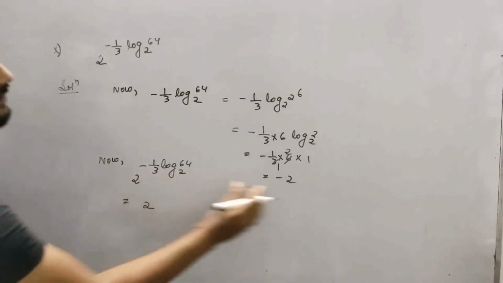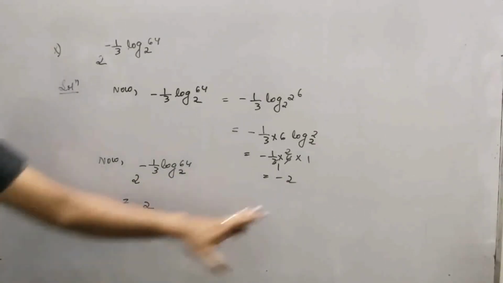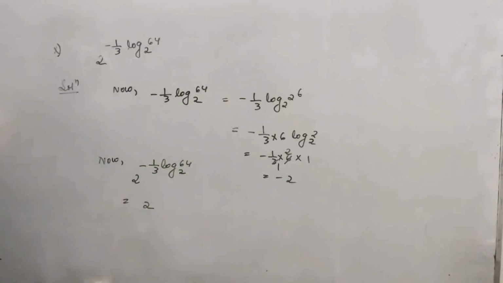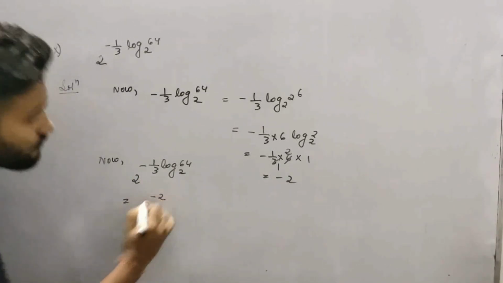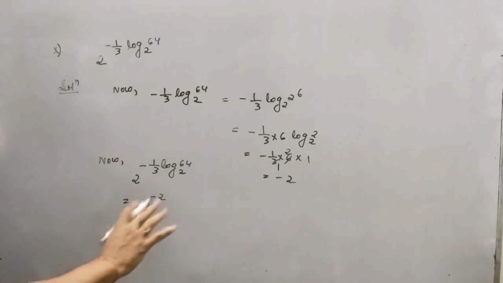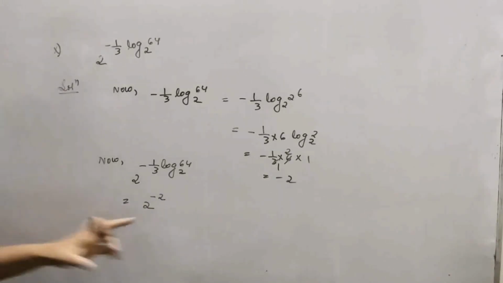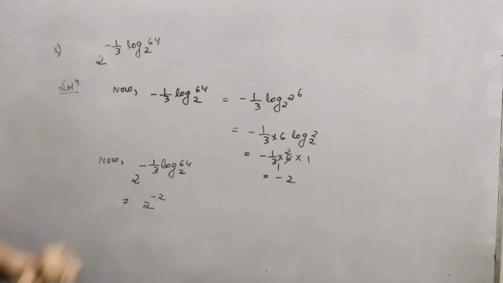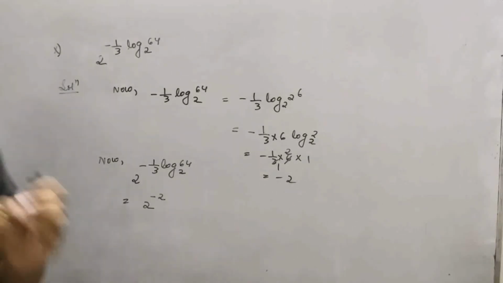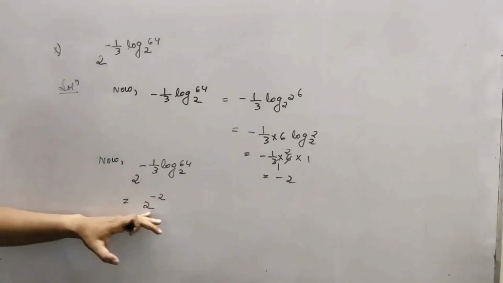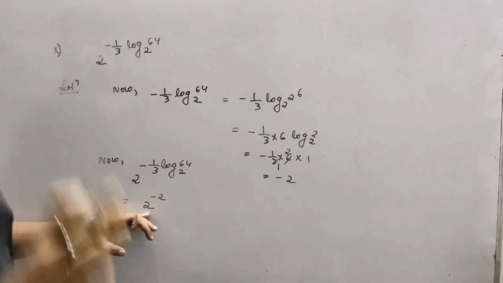So now 2 to the power minus 1 by 3 log 64 base 2, 2 to the power what is the value of this? Minus 2. That is 2 to the power minus 2. Very simple. Now if you want to make this power positive, you have to reciprocal the base. What is the base? The base is 2. So what is the reciprocal of 2?